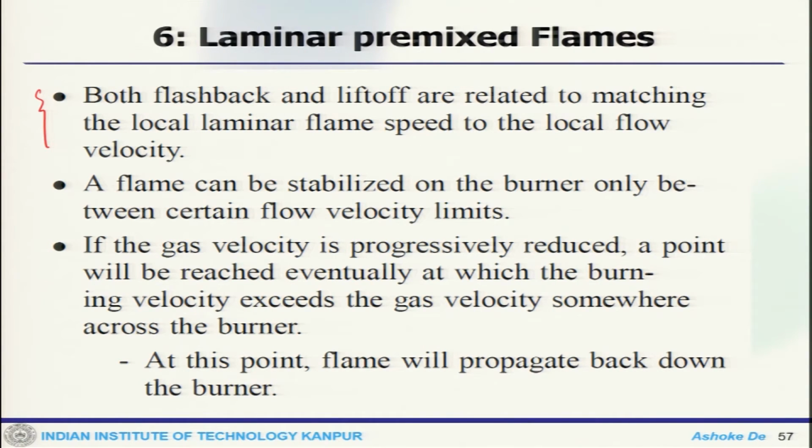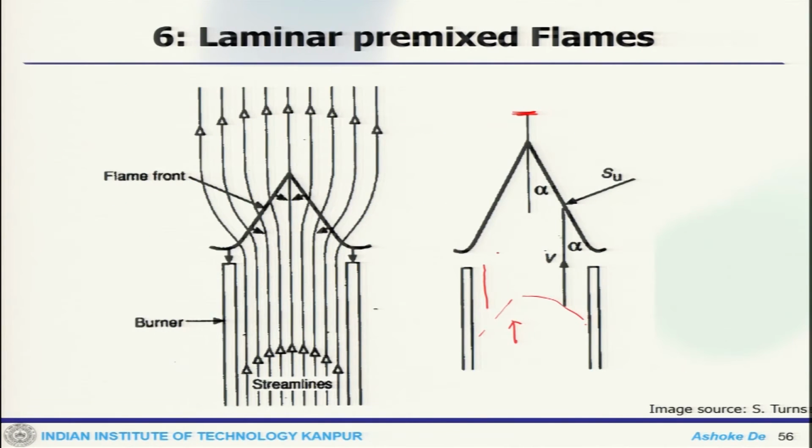So, the flame can only be stabilized on the burner for certain flow velocity limits. That means, this will be attached to this burner for certain conditions. If I inject with too high velocity, the flame would be pushed back. So, for a defined or controlled limit, this flame would only be stabilized at the burner, otherwise either it would be pushed back or it may come up.